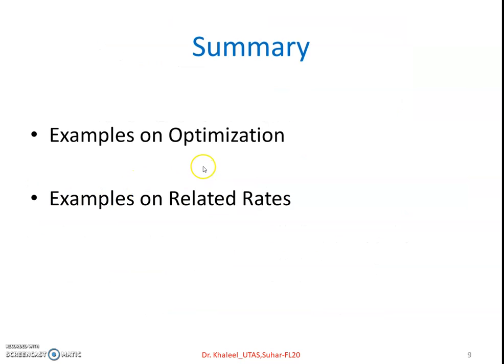What we have studied in week number 10: examples on optimization, examples on related rates, examples on chemical reaction, and some examples on density. With this we conclude the video lecture for week 10. Thank you.